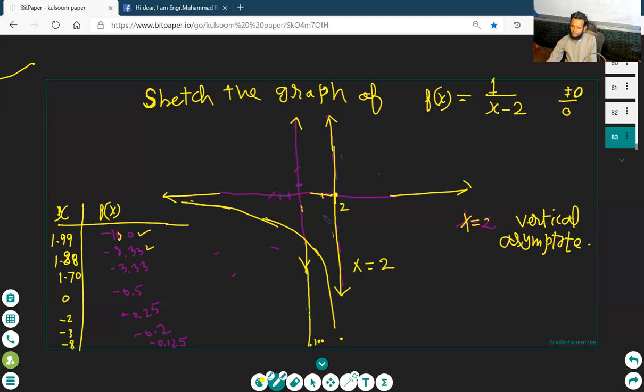Draw the other graph. This is the one part. Draw the other part.